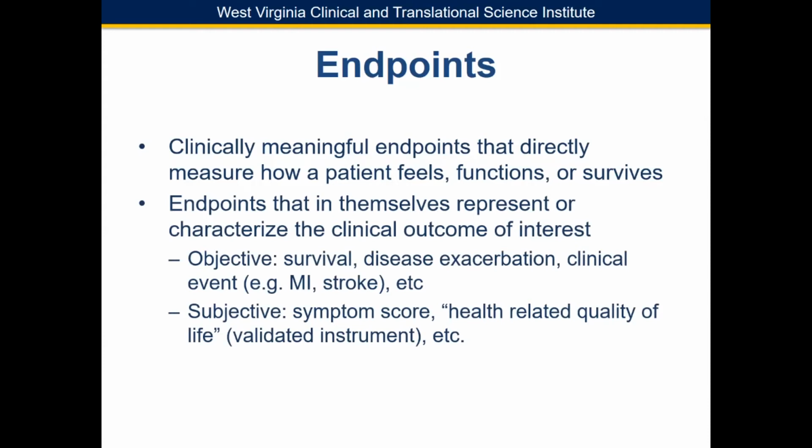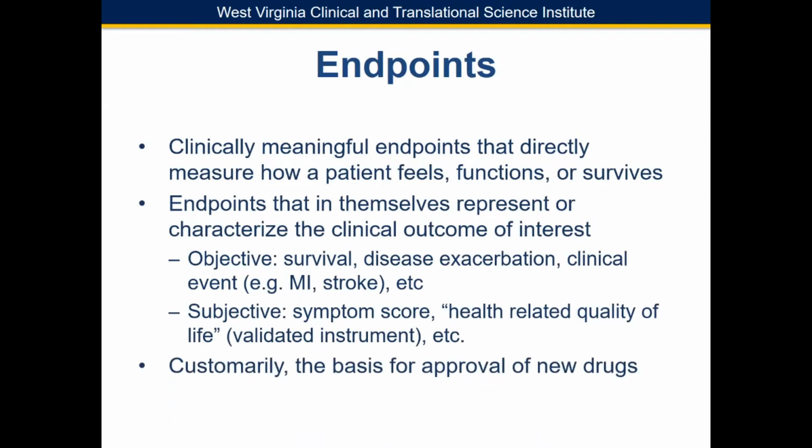Is it disease extirpation, a clinical event, or is it subjective? I'm looking at a symptom score, health-related quality of life, making sure it's a validated instrument. So customarily, the basis for approval of new drugs. So making sure that you're including those things in your endpoints.